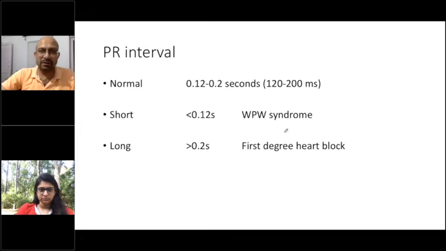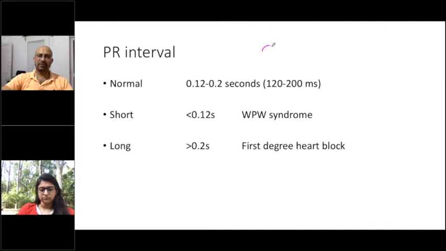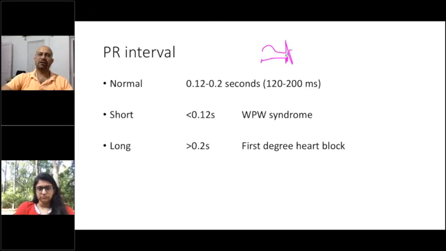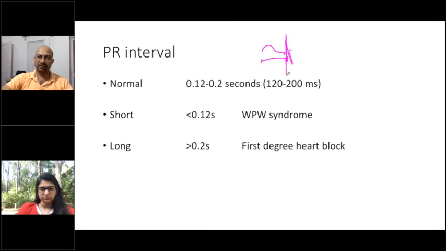Next we talked about the PR interval. What was the PR interval? The PR interval is from the beginning of the P wave until the start of the QRS complex. So it starts at the beginning of the P wave and goes on till the onset of the R wave. The first negative deflection would be the Q wave, and it will go up till the peak of the R wave.